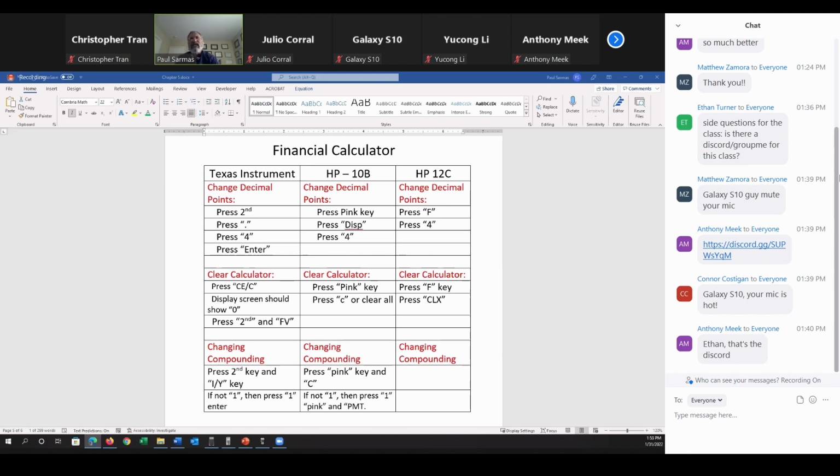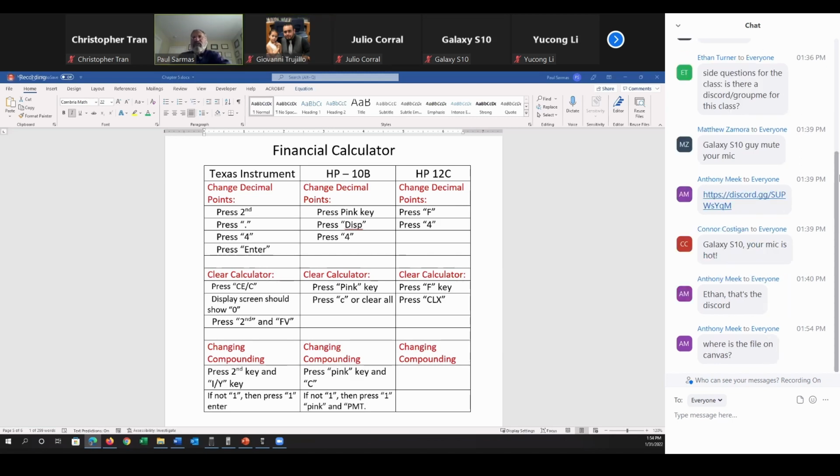I assume you either have Texas Instruments or HP 10B. I actually have both the Texas and the HP 12C. If you have questions, then you can ask me. I will show you on the 12C as well.